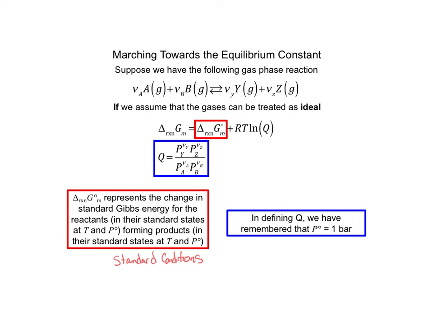And in blue is this RT ln Q. In defining Q, we defined that pressure equals 1 bar. That's key. But this becomes sort of a correction term. Because remember that we started with our ideal chemical potential, and we corrected that chemical potential based upon pressures. And based upon those pressures, we came out with this Q term.